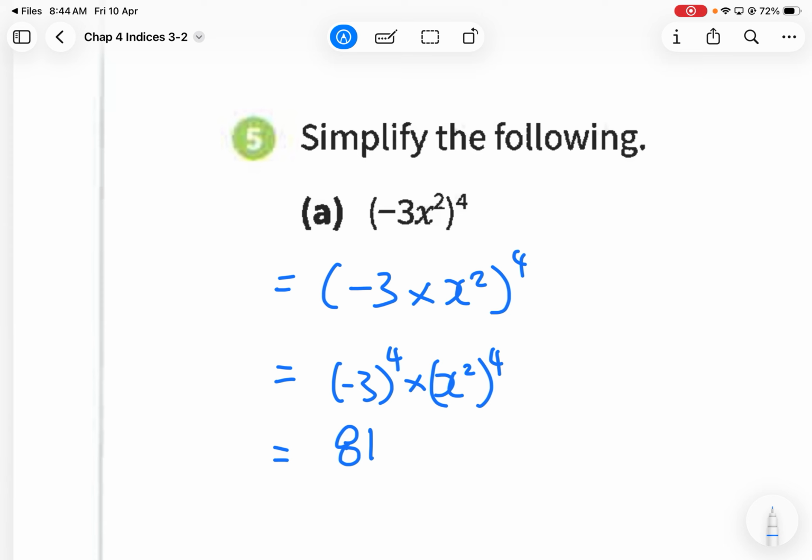Or you can press the calculator, but remember to put your negative 3 inside a bracket. A negative number multiplied by itself an even number of times will always become positive. Then x squared to the power of 4 becomes x to the power of 8.